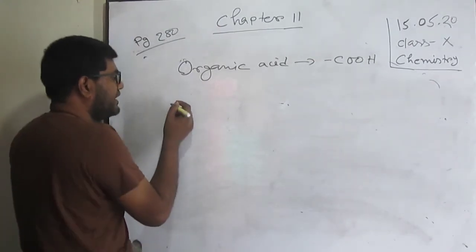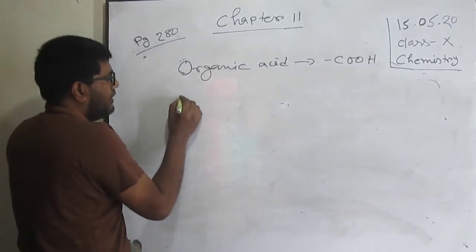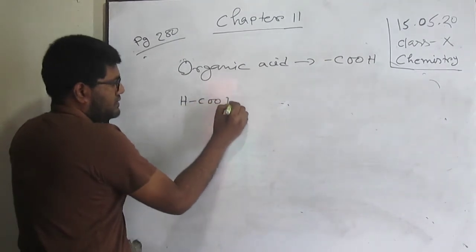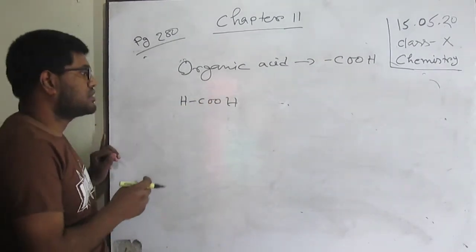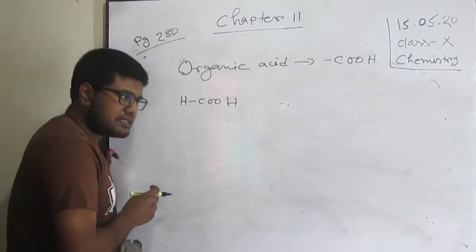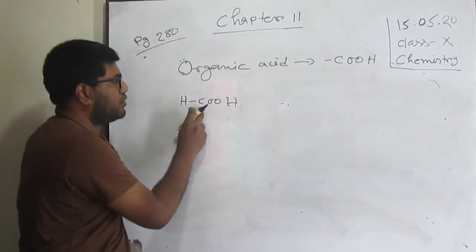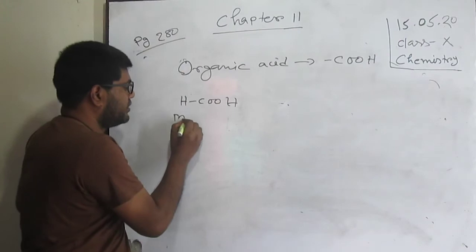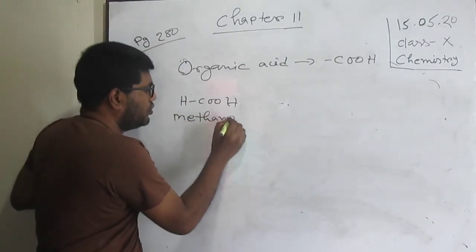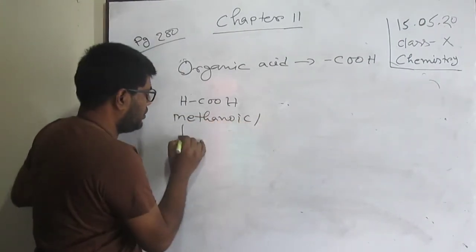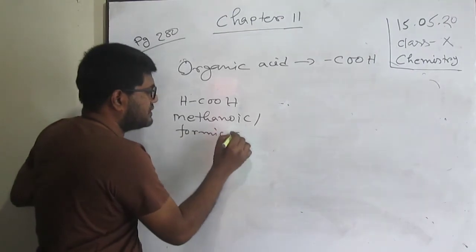If I write HCOOH, this is called methanoic acid or formic acid.